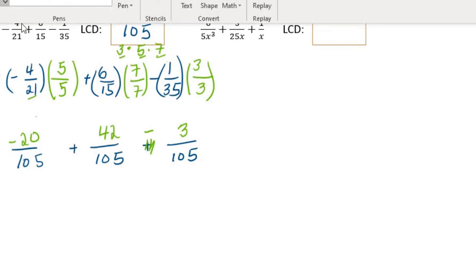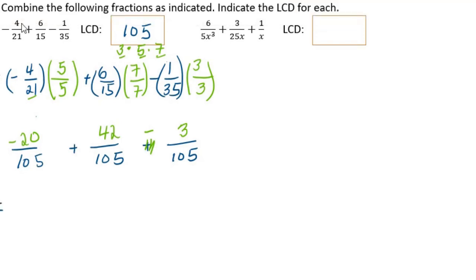That's the hard part done. Regardless of what the problem looks like, this will be the most involved step: finding the LCD, and then using it to write an equivalent fraction. Once we're there, we only need to write the denominator once, and then we'll just do the arithmetic. We have minus 20, and we'll add 42.